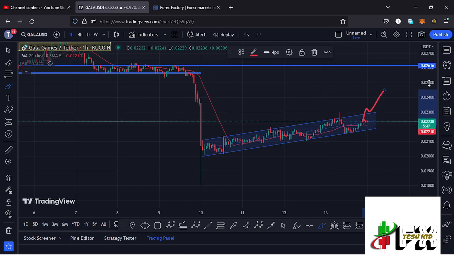So that is the move that we need to keep our eyes on here on the Gala Games chart. If the PPI and the FOMC has a positive impact, we are going to see that massive breakout to the upside, getting us above the $0.025 mark or maybe the $0.02616 mark. That is a move that we need to have in mind.